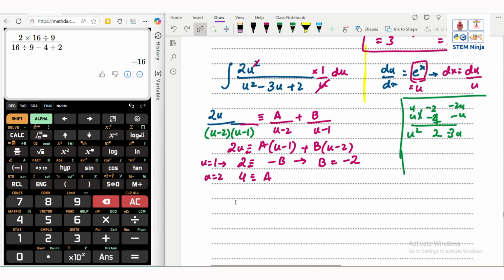So therefore, we have the integral of 4 over u minus 2 minus 2 over u minus 1, du, from 3 to 5.